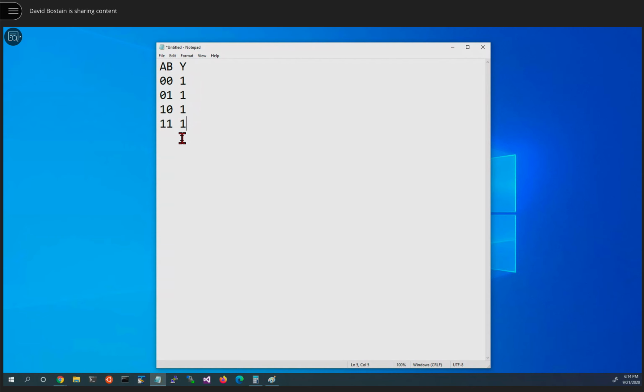Those exist. So if we have a 2-input truth table which has 4 lines, that means that the number of possible truth tables in that number of inputs is equal to 2 raised to the number of lines.